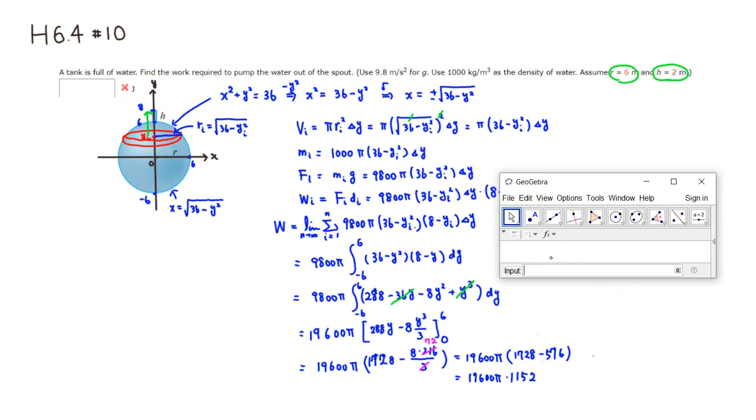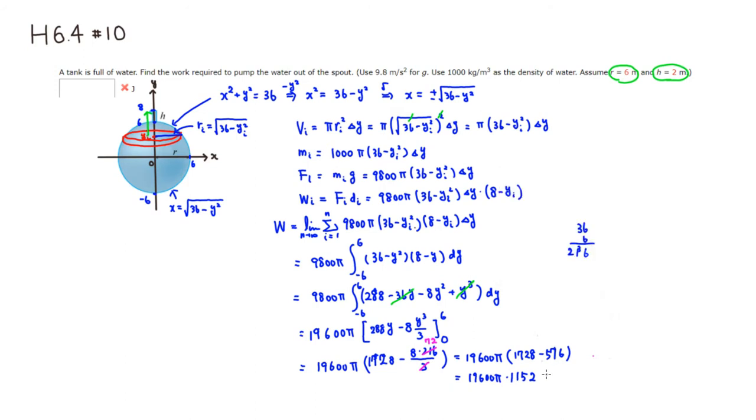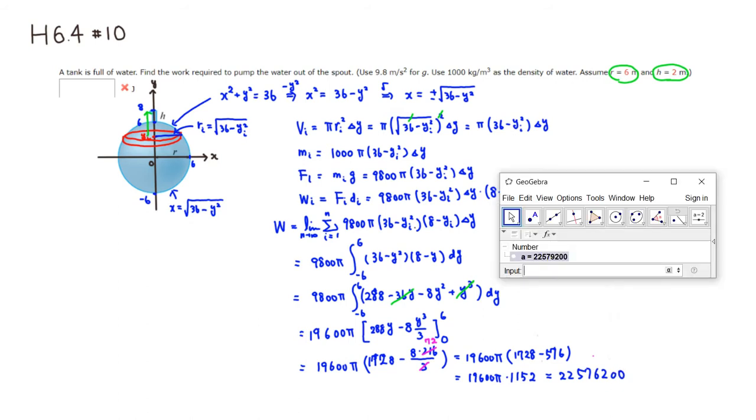It's going to be 19,600 multiplied by 1152, and then hit enter. All right, so we got that. It's 22,579,200. Sorry, that's the correct number.